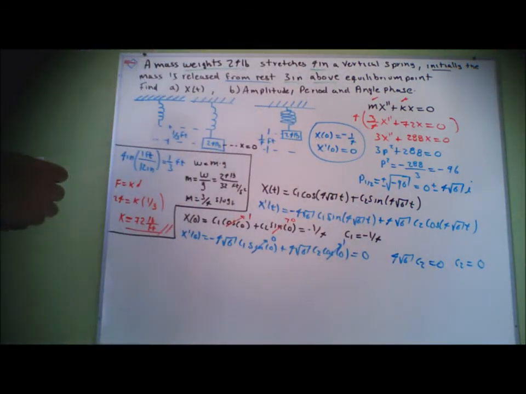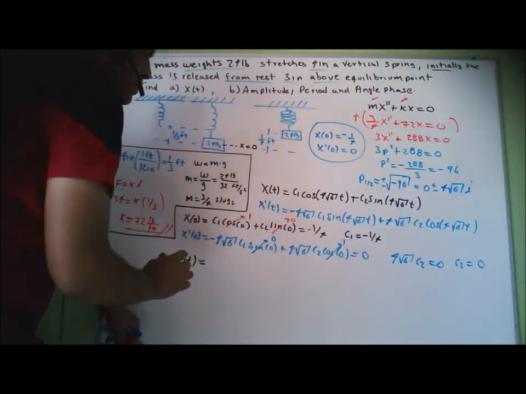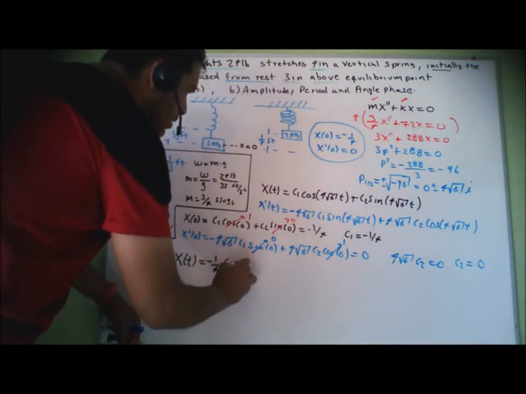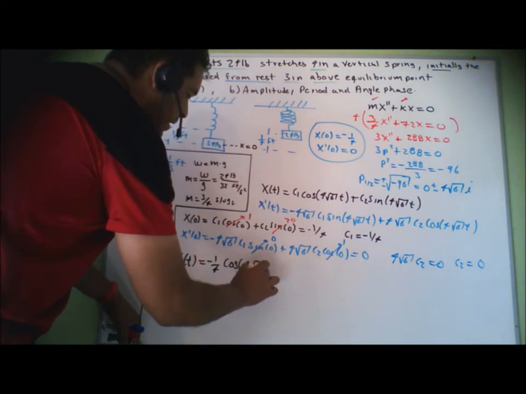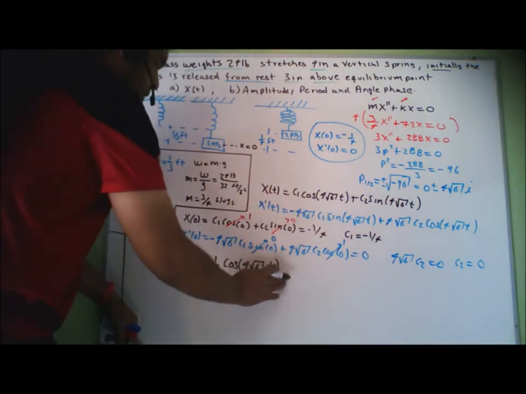So the solution is this: x of t is equal to minus 1/4 cosine of 4 square root of 6t, plus c2, but c2 is equal to 0. So that is all.